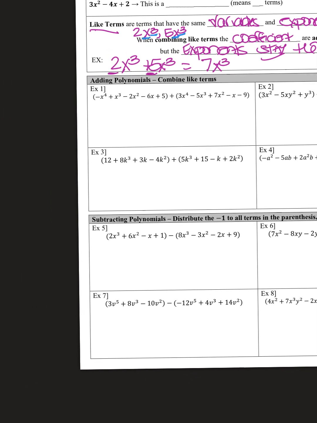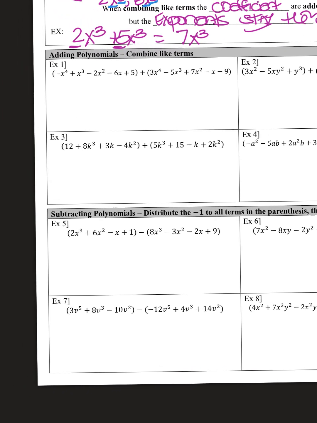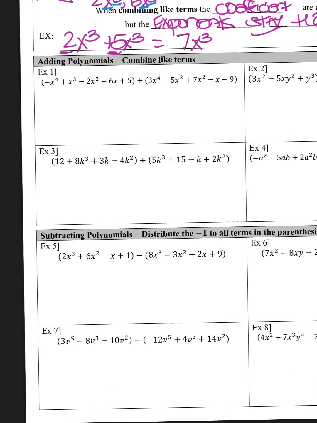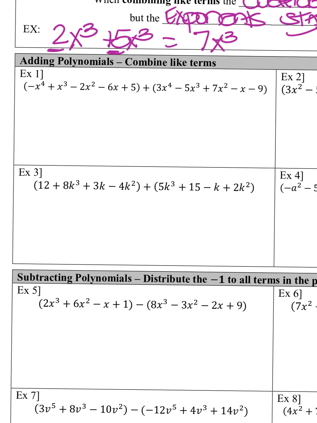So let's take a look at some examples. We have example 1 where we're going to add these polynomials. Okay, I have two polynomials. We're adding them, so we're just simply combining like terms. The first thing that I am going to do is find my like terms.